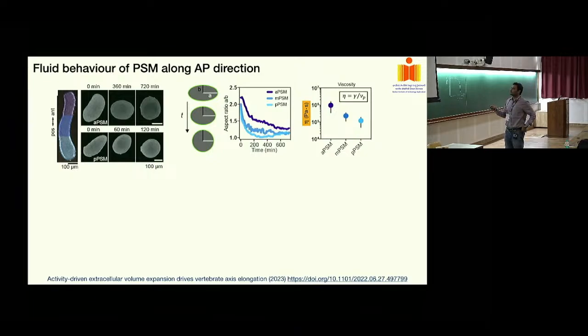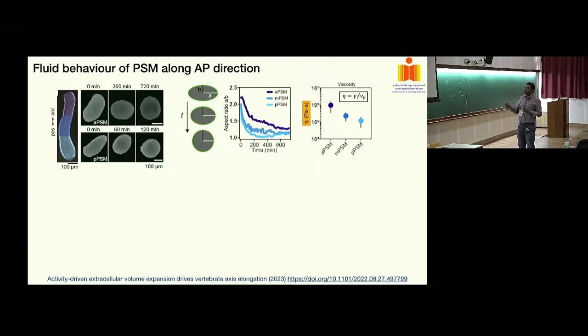They considered three regions: the posterior region, the middle region and the anterior region of the PSM. In the anterior region there will be less motility, which also implies that the viscosity should be high there. Similarly, in the posterior region, since motility is high, viscosity should be less. And we'll see that's what happens.